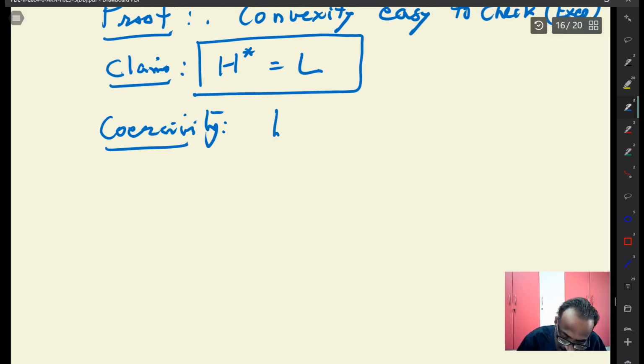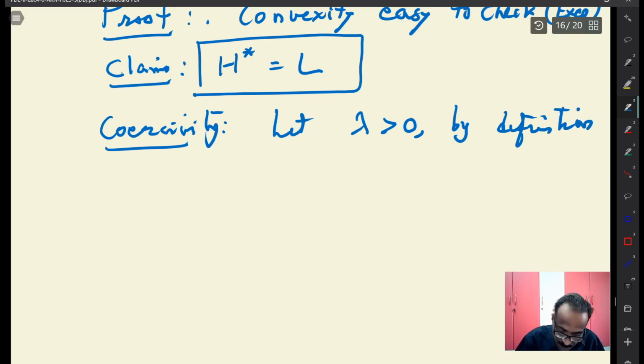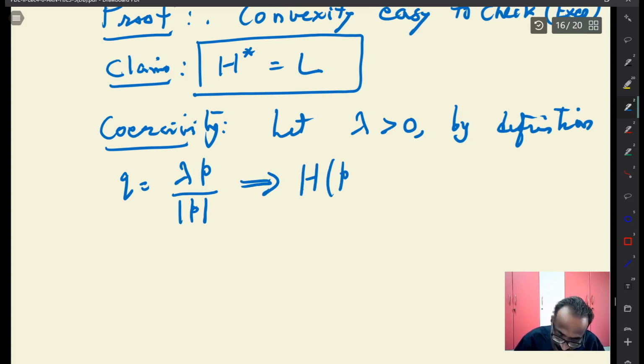Take lambda greater than 0. Then by definition, because H is the supremum, take Q equal to lambda P by mod P. H star is the supremum, which implies H(P) is greater than or equal to P into lambda P by mod P, because H is the maximizer.